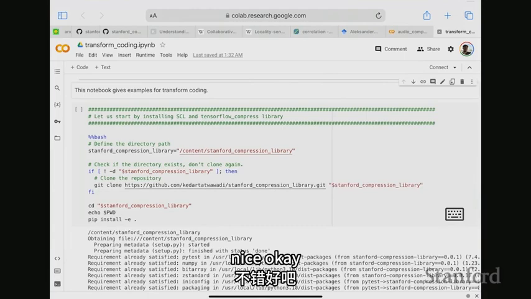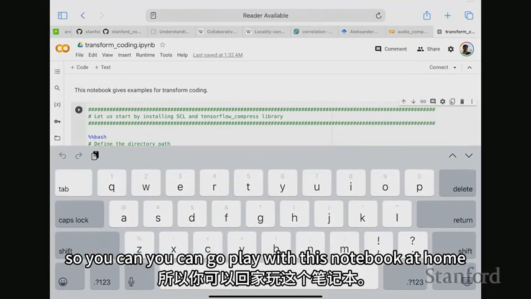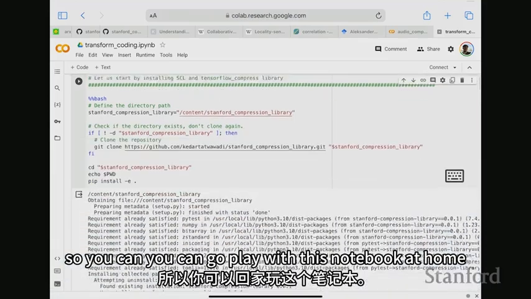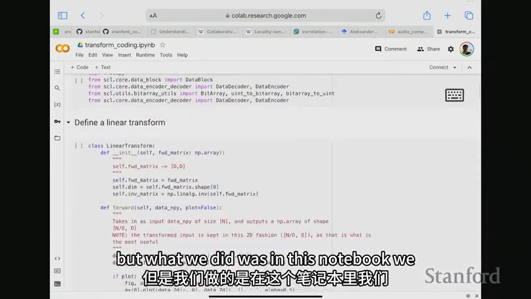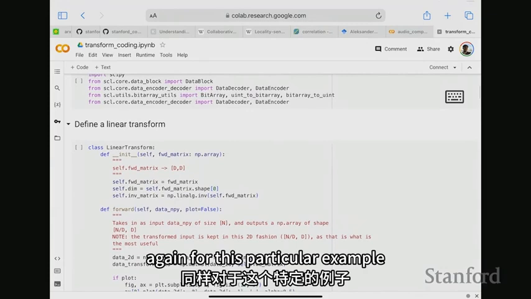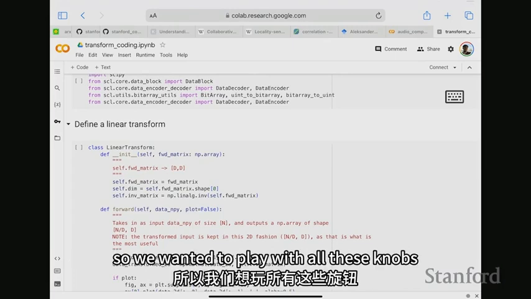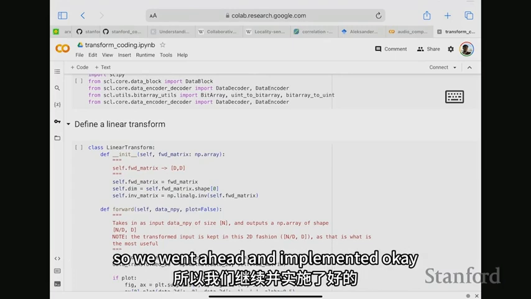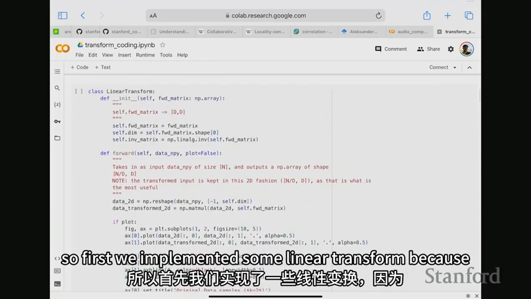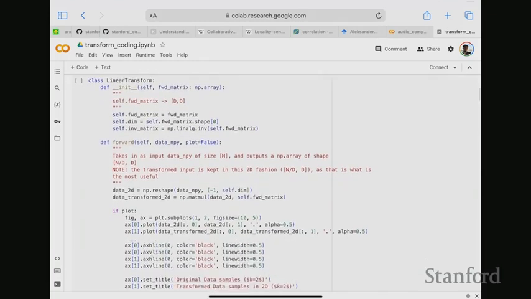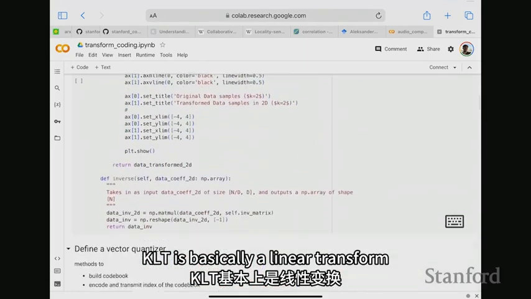It's visible. Nice. Okay. So you can go play with this notebook at home, but what we did was, in this notebook, for this particular example, we coded the whole thing end to end. We wanted to play with all these knobs, so we implemented them. First, we implemented a linear transform, because our KLT is basically a linear transform.